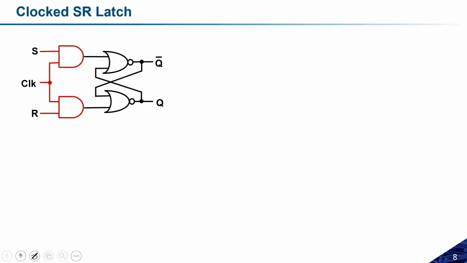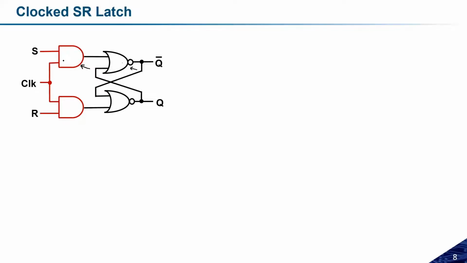If we try to design the CMOS based circuit of this clocked SR latch, what do I need to do? I need to implement the logic for the AND gate, and the logic for the two input NOR gate, and the output of this one is connected to this one.